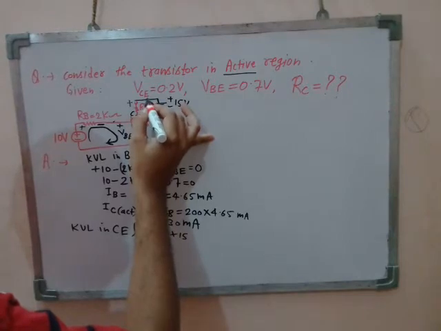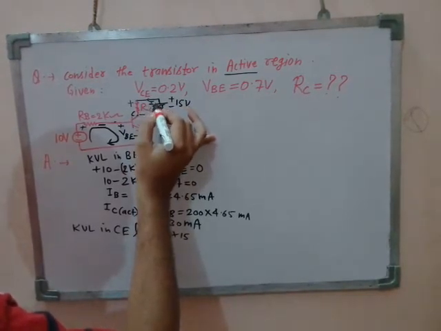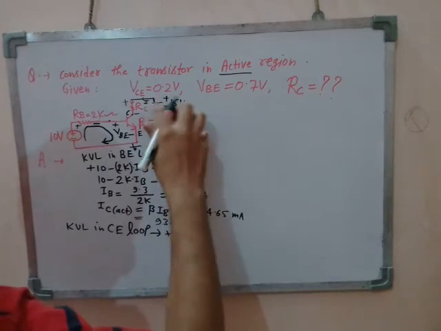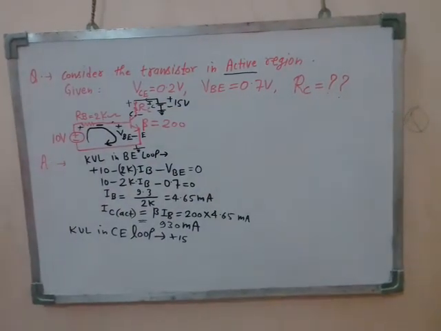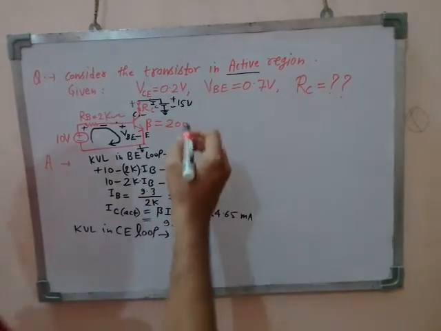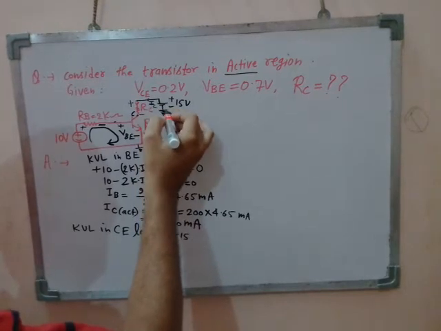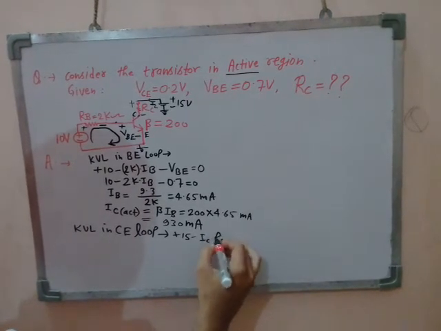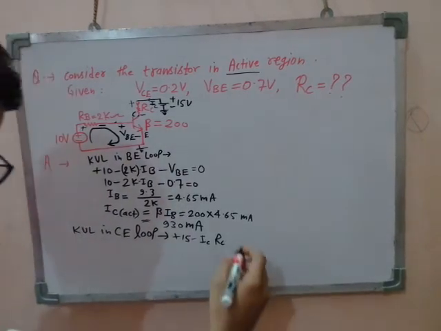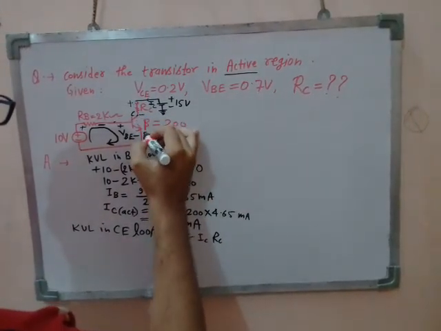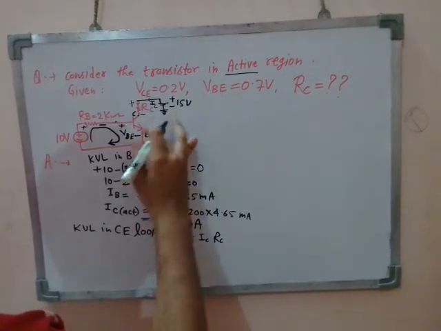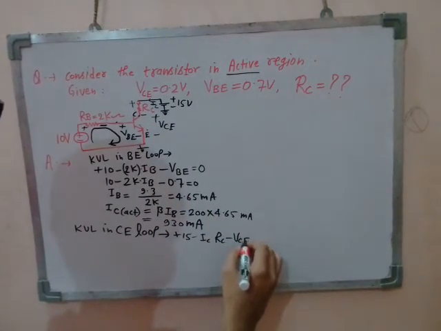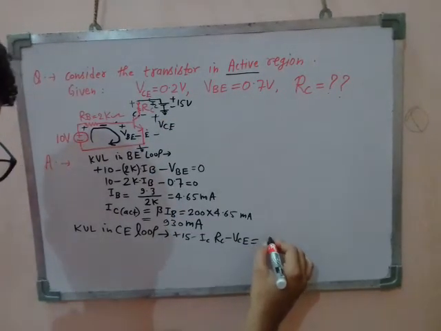So apply KVL: plus 15 minus ICRC minus VCE equals 0, where VCE is the collector to emitter voltage.